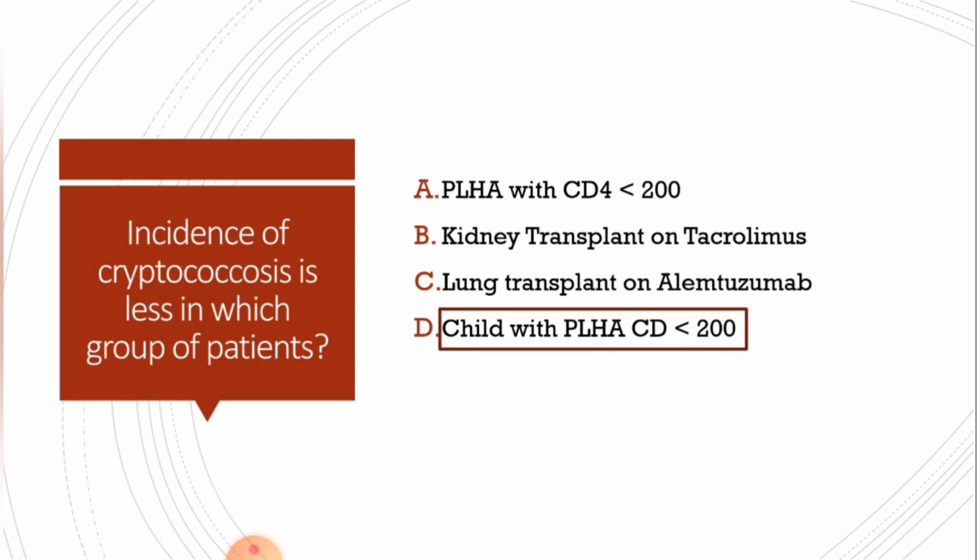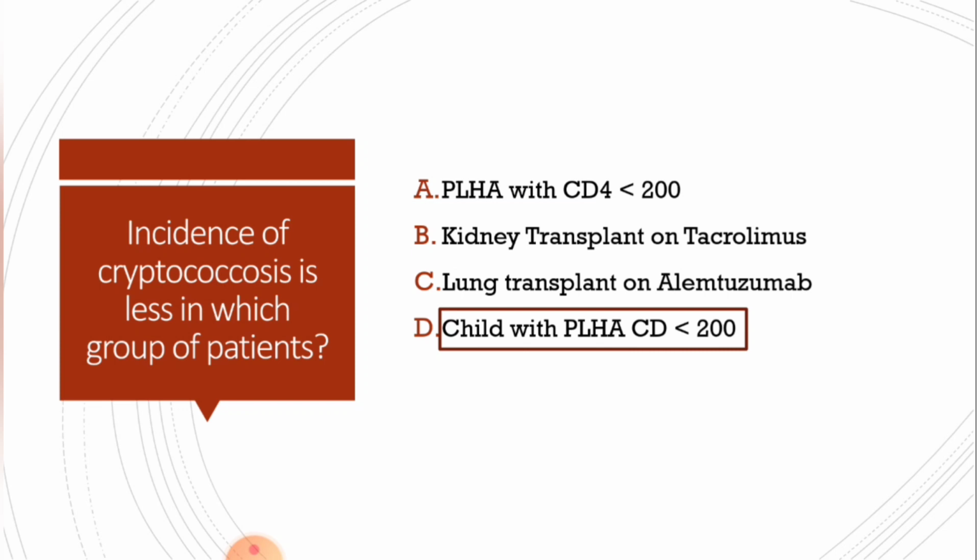And an important thing to note here is that organ transplant recipients, especially the solid organ transplant recipients, are also at increased risk of cryptococcosis. And there have been studies which have shown tacrolimus. So tacrolimus is what type of immunosuppressant?